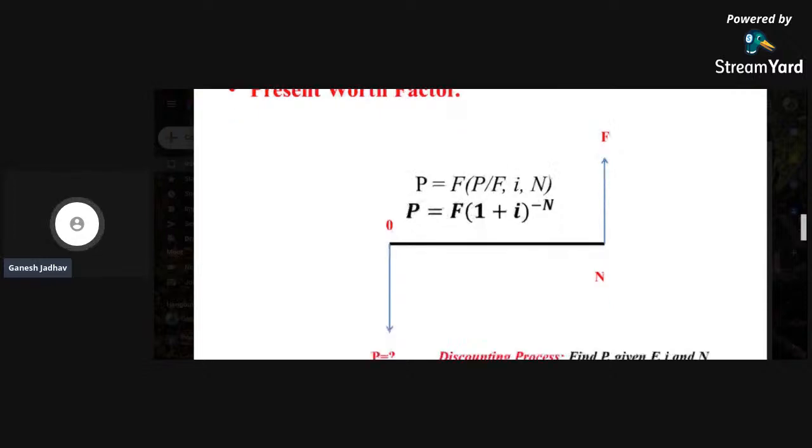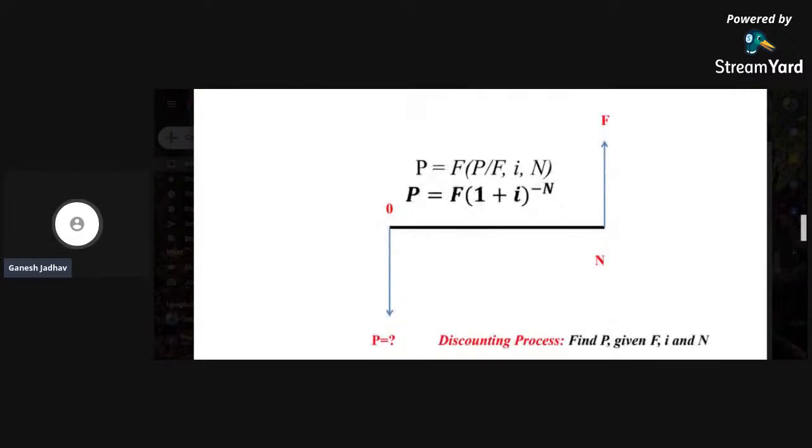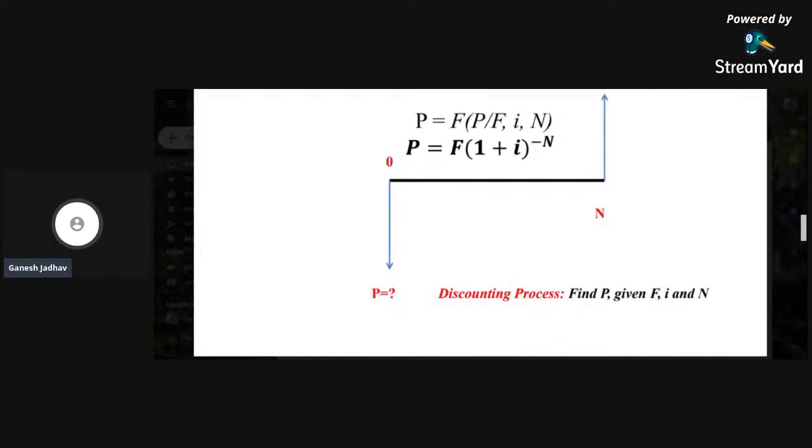Why is it minus? Because this is a discount now, you have to subtract that money from the future amount, or the final value. So primary P is equal to, finally, P is equal to question mark.